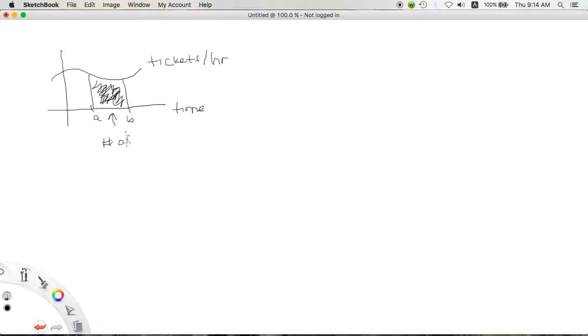If you look at the top of the next page, it talks about consumption. If you have a graph that tells you how many tickets per hour that you've sold, and then this is the time, and you want to know how many tickets you sold from time A to time B, this area underneath here will tell you the number of tickets sold.